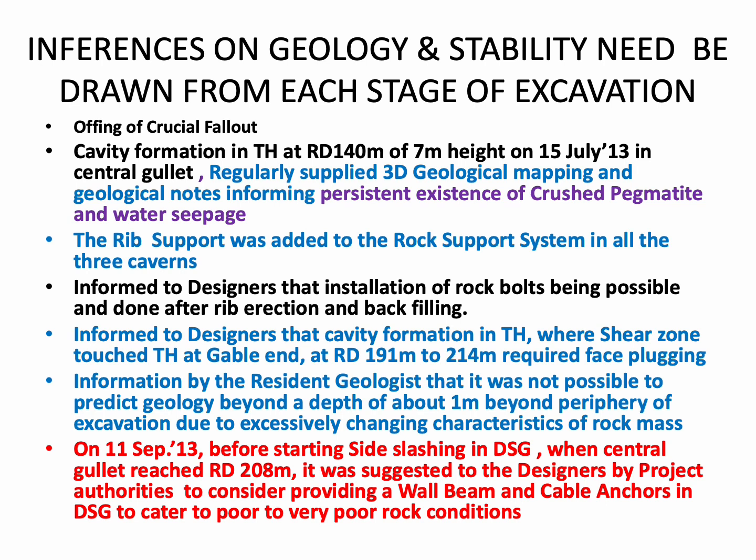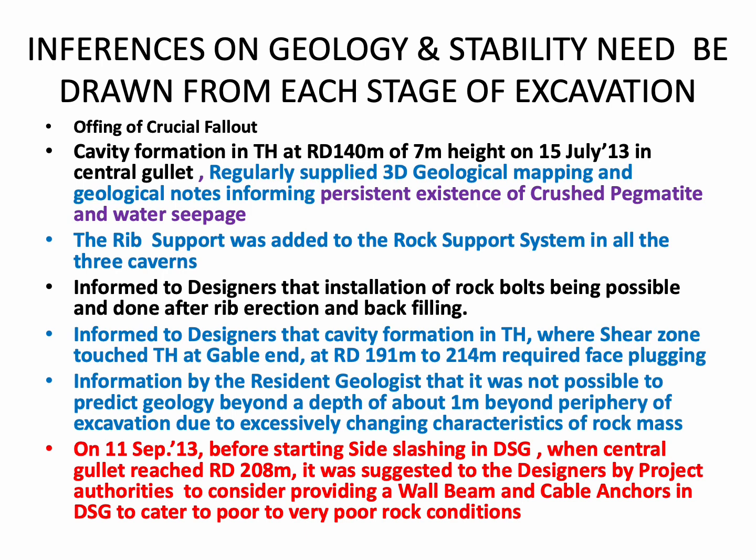The other two caverns, powerhouse and transformer hall, based on the resident geologist's advice, were shifted by 18 to 36 meters so as to avoid cutting by the shear zone in the middle of their lengths, so that only their gable ends could remain, if at all, intersected by the shear zone.